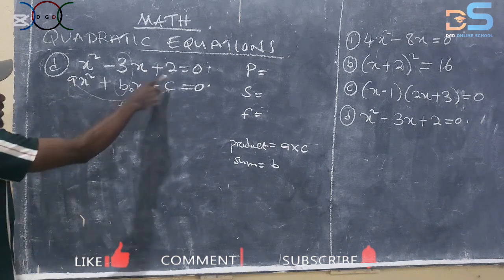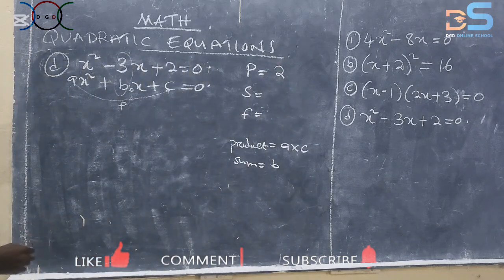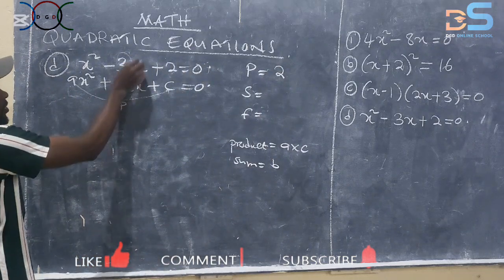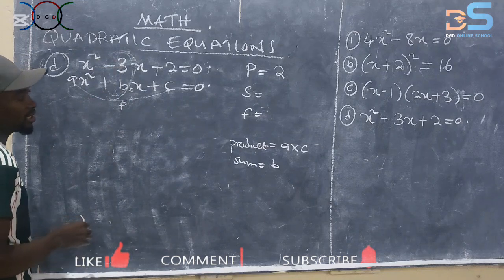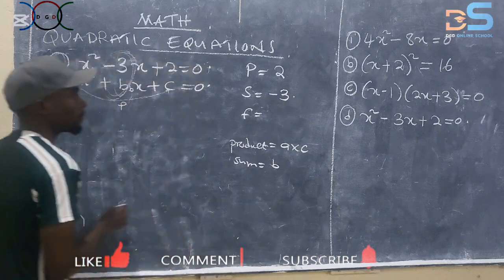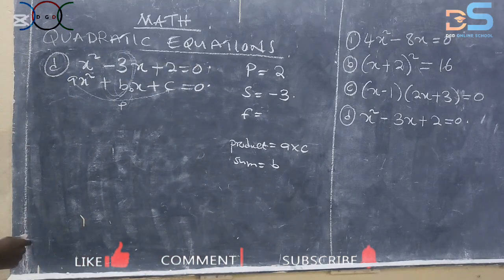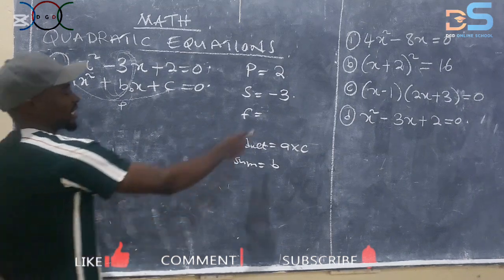So 1 times 2, we get a positive 2. Then our sum is the coefficient for x in the middle, which is negative 3.